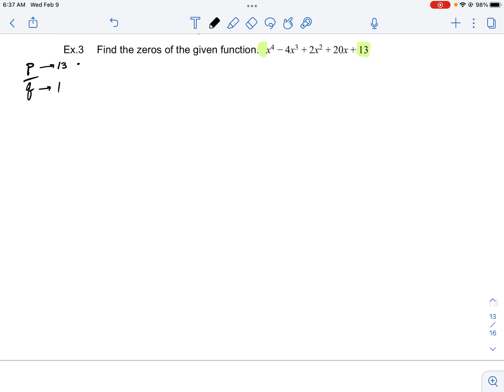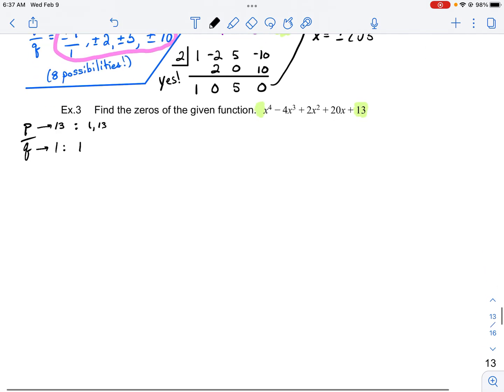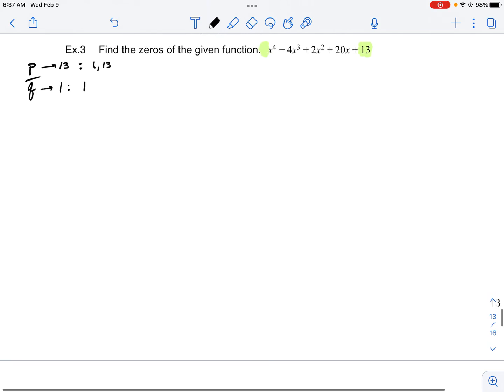The factors for 13 are simply 1 and 13, and the factors for 1, as we saw earlier, is just 1. So the only ratios for p to q are plus or minus 1 and plus or minus 13. Those are the only ones that we'll be dealing with.